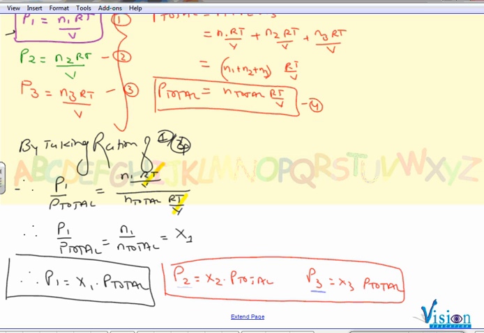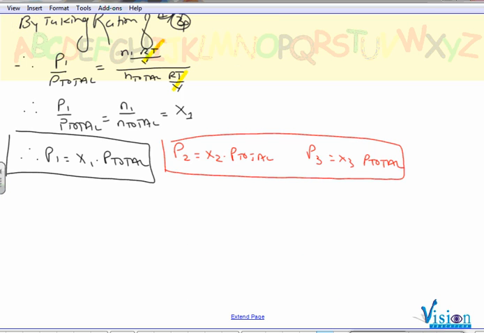This is its use. And a similar concept can be applied if we know the percentage volume of each gas. For example, for gas 1 it is V1 percentage, for gas 2 it is V2 percentage, and for gas 3 it is V3 percentage.